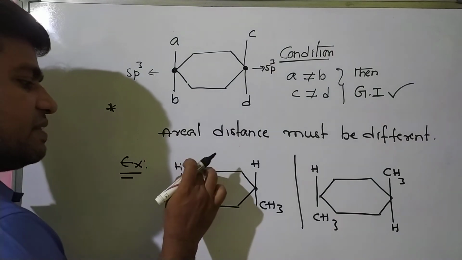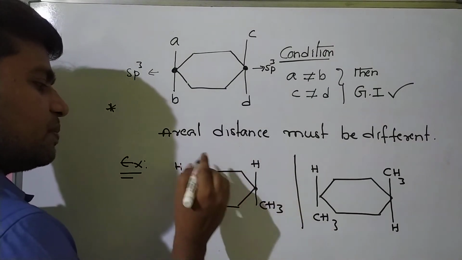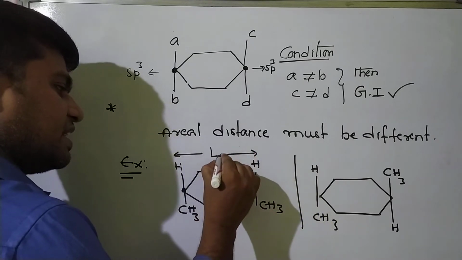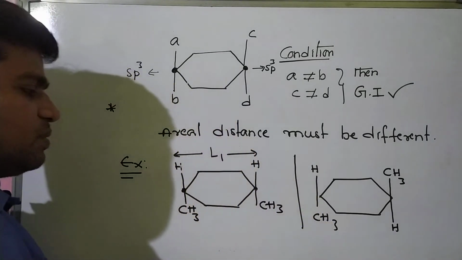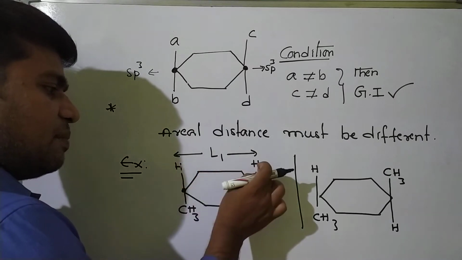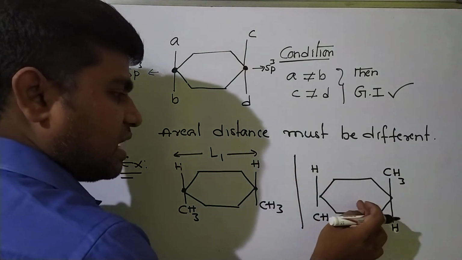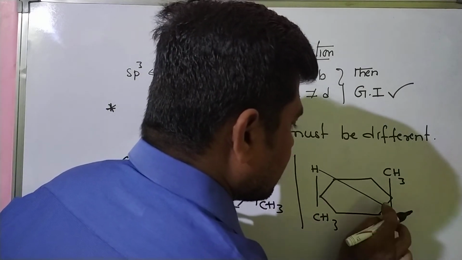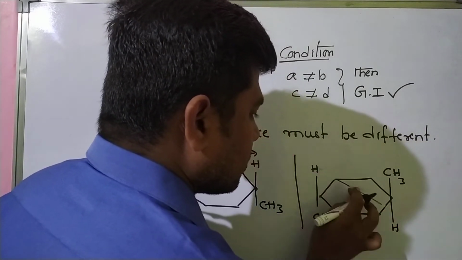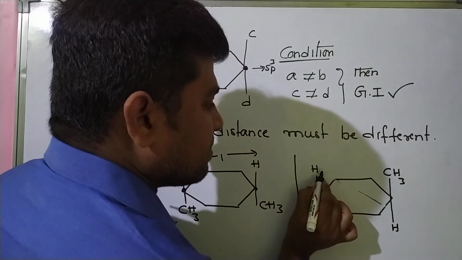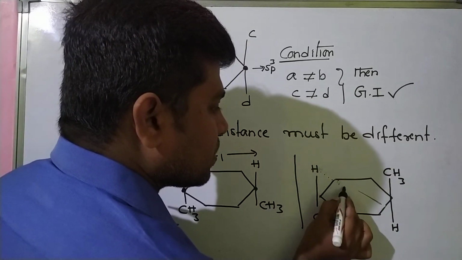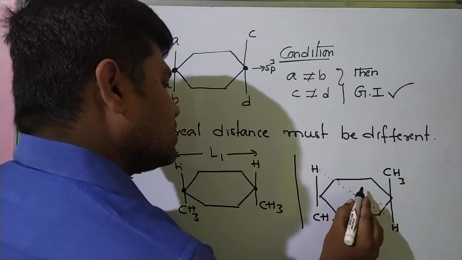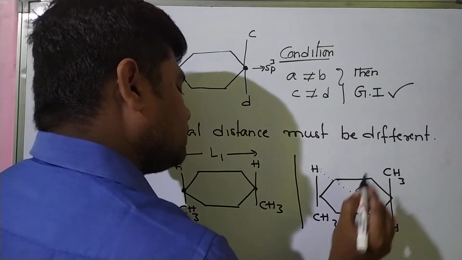Here the distance between these two hydrogens in this compound, say it is L1. Now the distance between the same atoms in this compound, the distance between this hydrogen atom and this hydrogen atom, say it is L2.